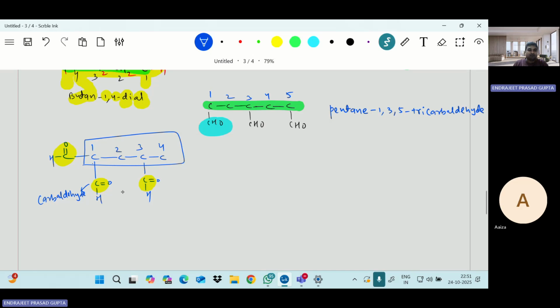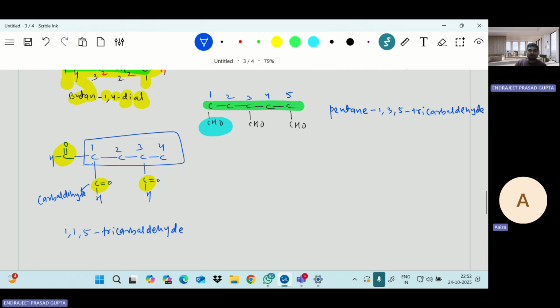So carbaldehyde is present at carbon number 1 two times, and at carbon number 3. So we write 1,1,3-tricarbaldehyde.